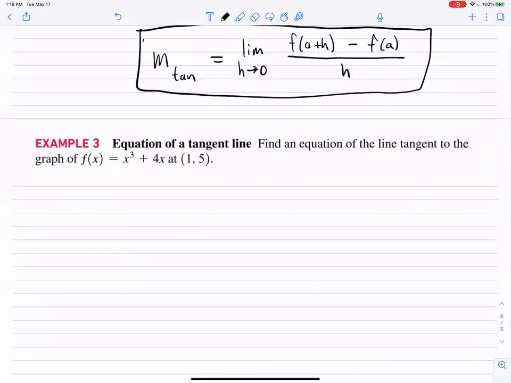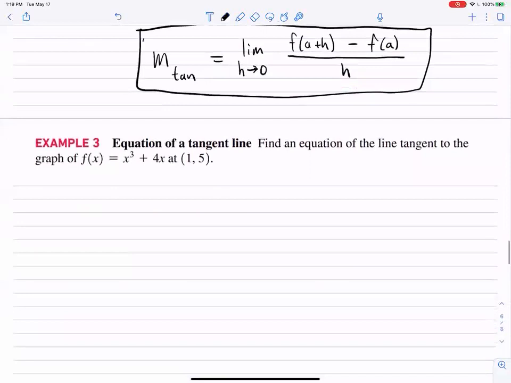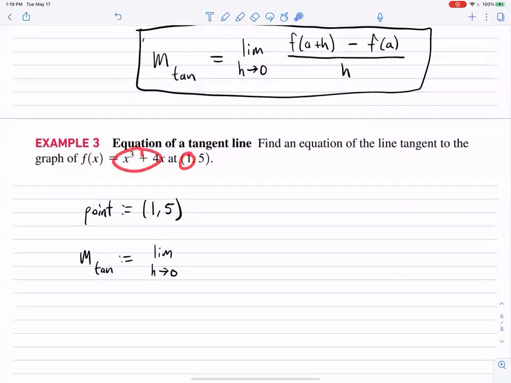So find the equation of the line tangent at 1, 5. So our point is going to be 1, 5. And our tangent line slope, by using the definition, is the limit as h approaches 0 of f of a plus h. And so if I plug in 1 plus h into here, what do I get?